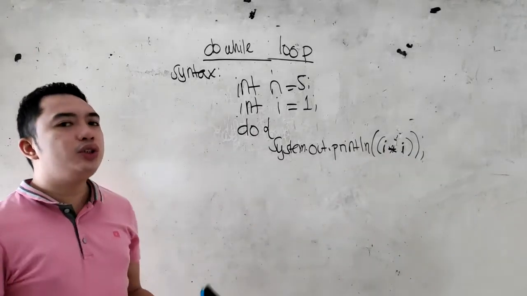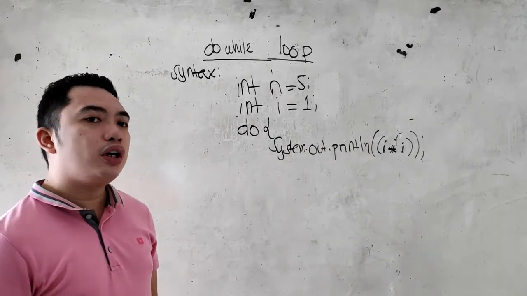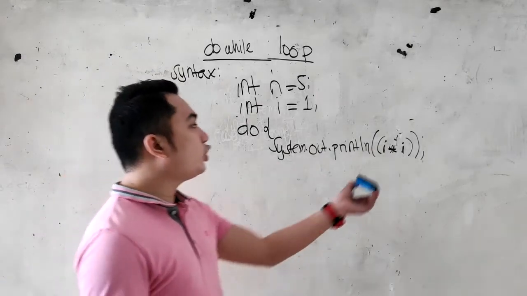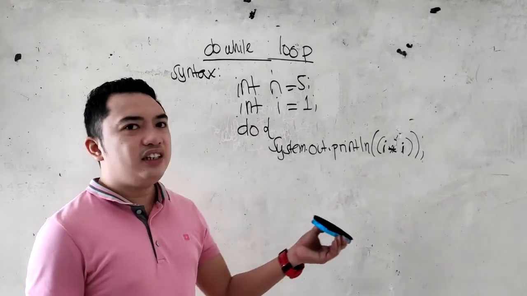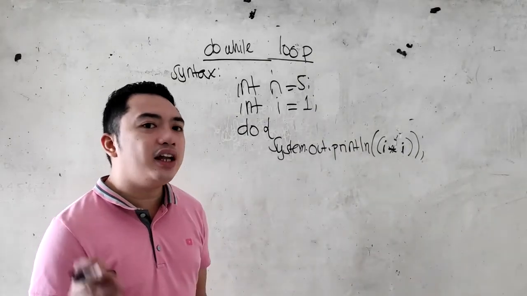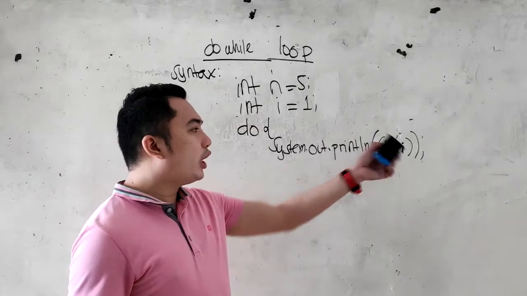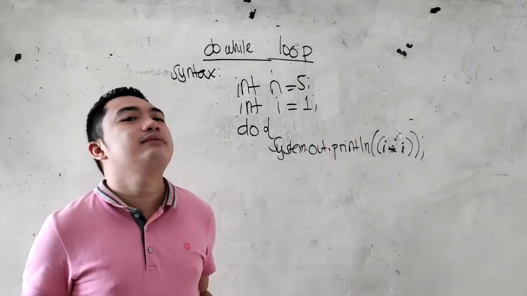You don't need to declare another variable just to store the result of this i times i, which is the squared value of the current value of i. But if you want to, you can still declare another variable to store the result of i times i.